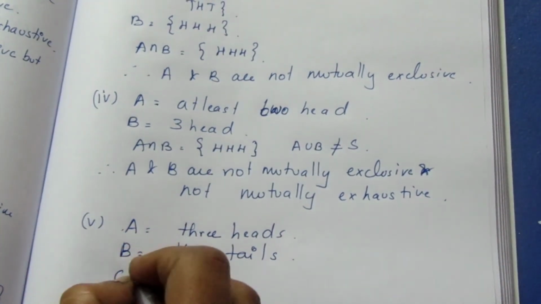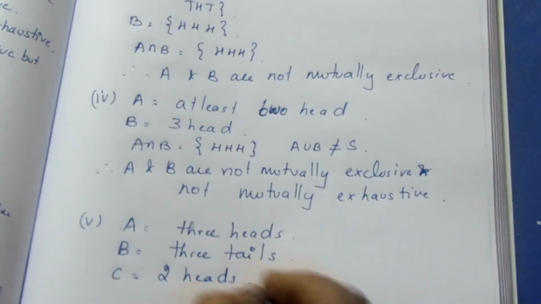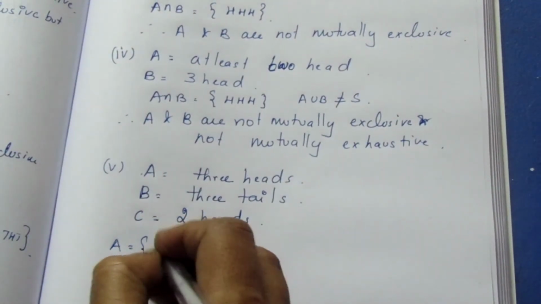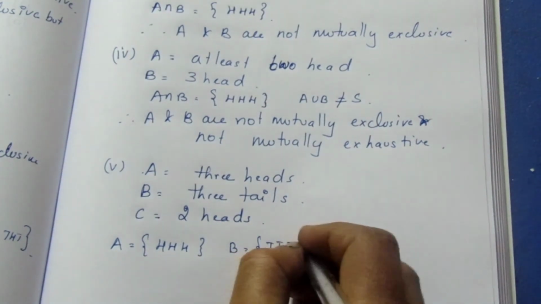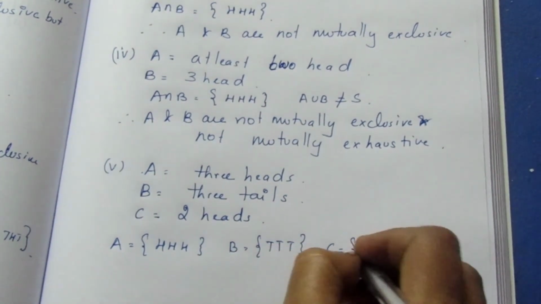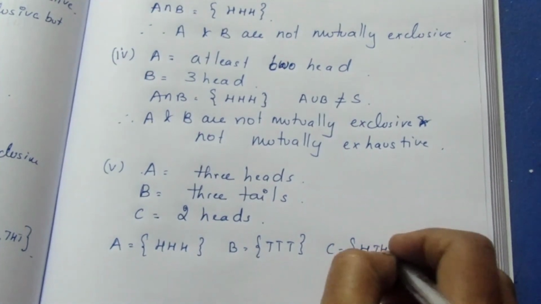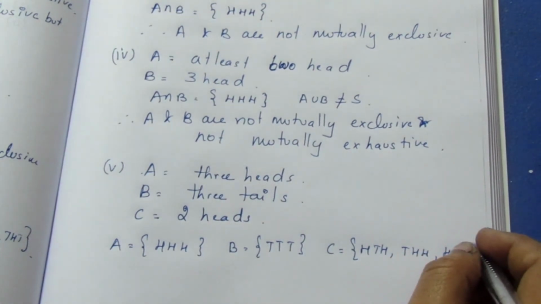Now C is 2 heads. Now let me write all of them. A, 3 heads, is HHH. For B it is TTT. Now for C, 2 heads means it should have only 2 heads, that is HTH, THH, HHT. That's all.